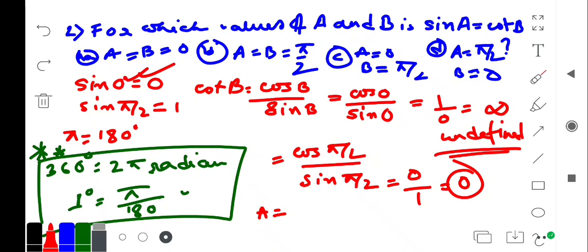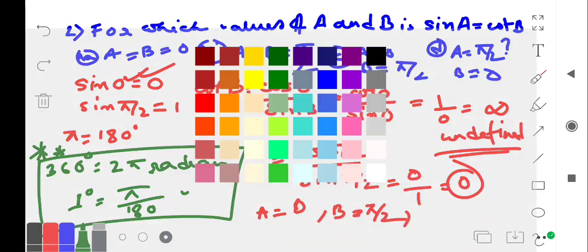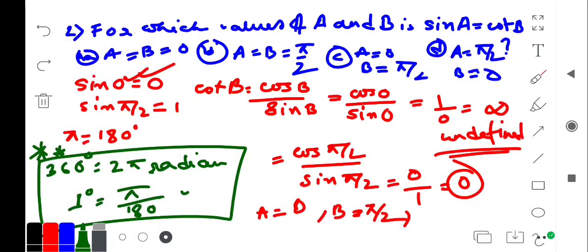So a equal to 0, and b equal to pi by 2, at that time sin a equals cot b.